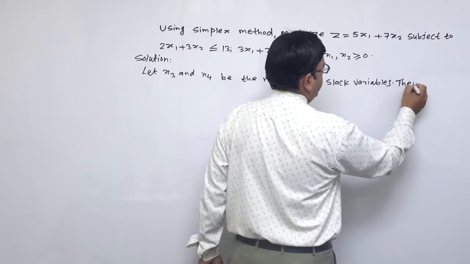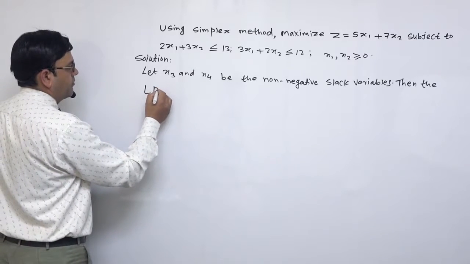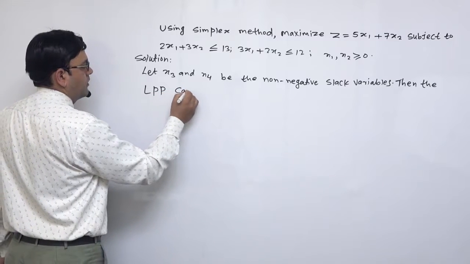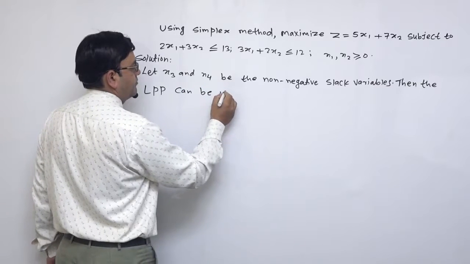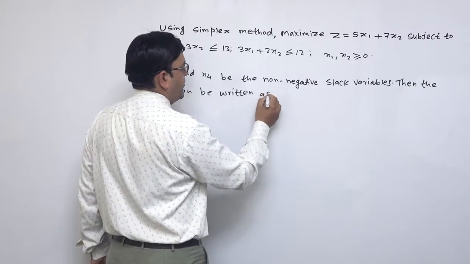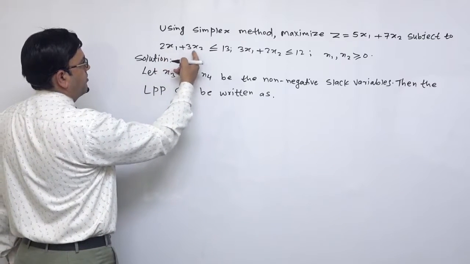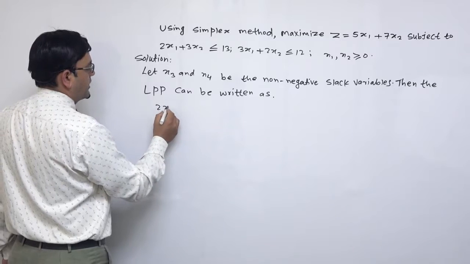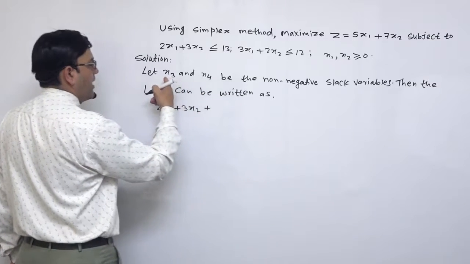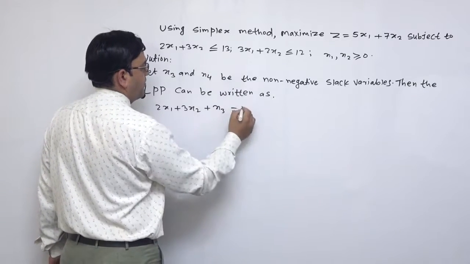Then the linear programming problem can be written as, this is the standard form: at first we have 2x1 + 3x2, so we write 2x1 + 3x2 plus another slack variable x3 is equal to 13.